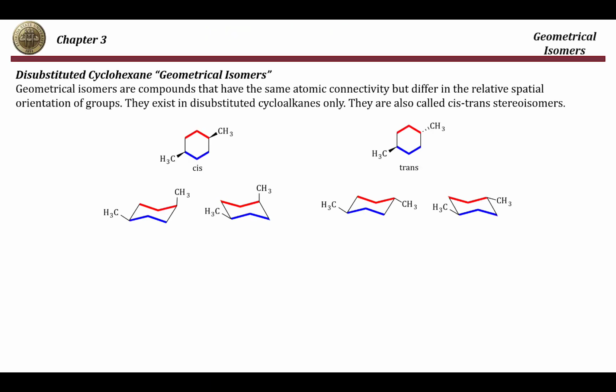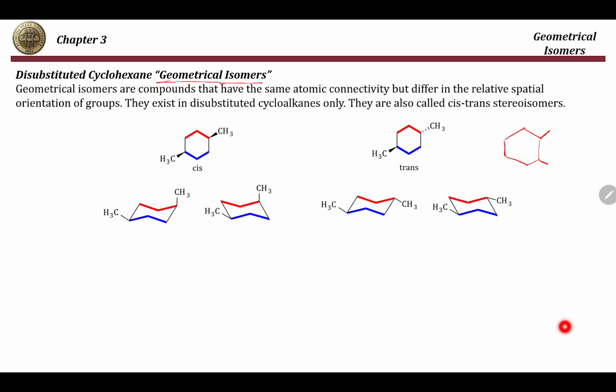Geometrical isomers exist only if we have a di-substituted cycloalkane. So if you have a cycloalkane, whether it's cyclohexane, cyclopentane, or whatever, and you have only 2 substituents at this cycloalkane, and of course those substituents are at different positions, then you may have or draw geometrical isomers.